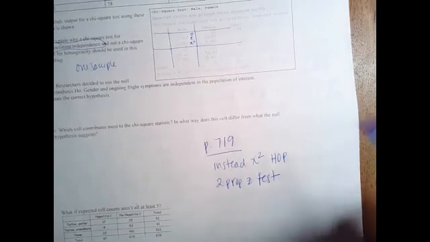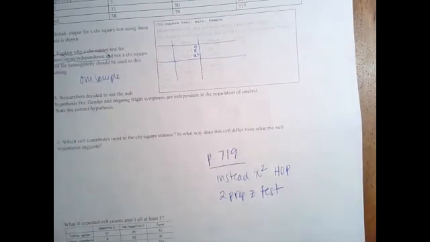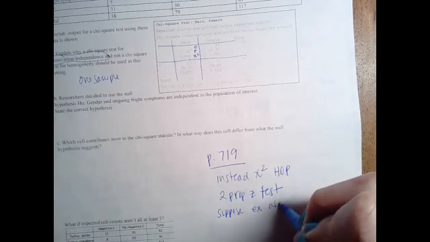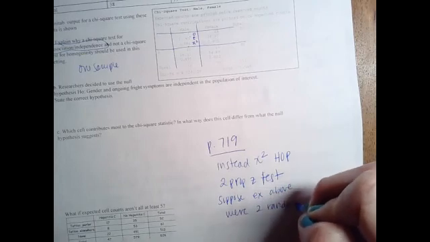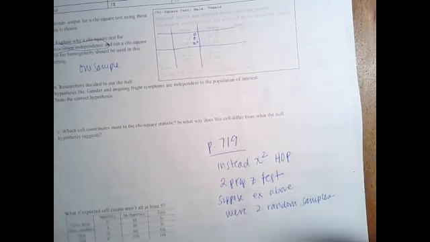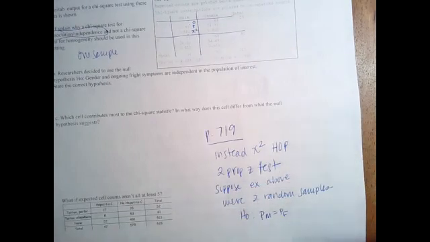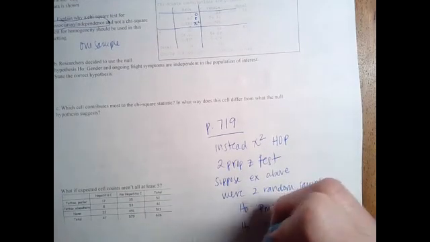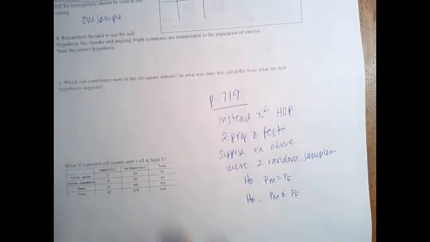So, for example, in this male and female problem, suppose that this example above were 2 random samples. We could say that the null hypothesis is P of male equals P of female, the proportion of males equals the proportion of females. The alternative would be that it's not. It was asking, is there a difference in fright levels? So if you read on page 719, it talks about that.